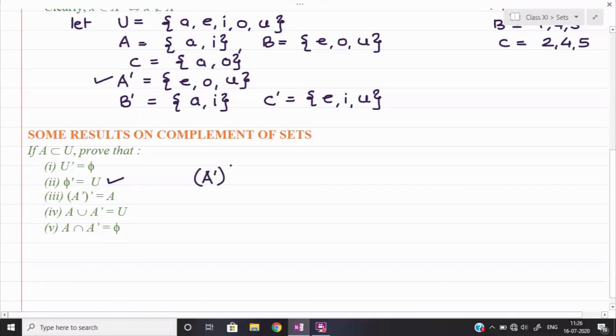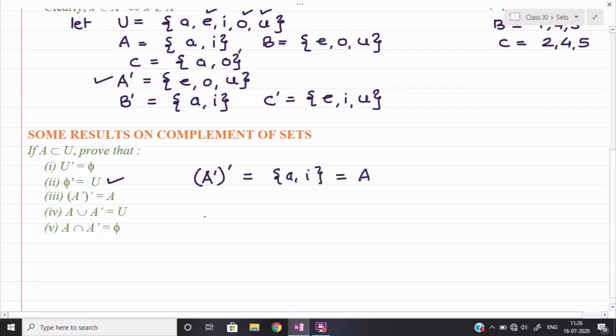A dash is equal to E, O, U. I subtract E, O and U from the universal set. Who will remain? A comma I, which is equal to set A.